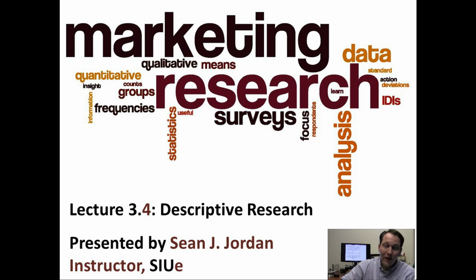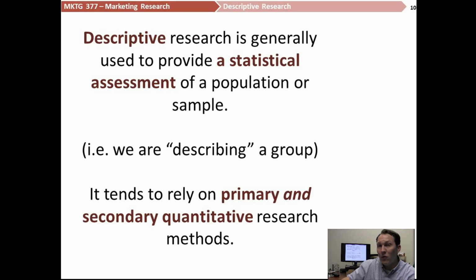So the best way to think about descriptive research is that it's about describing a group, often with statistics, means, standard deviations, modes, frequency counts, frequency percentages, things like that. And as a result, a lot of descriptive research tends to be quantitative, it's numbers oriented, and it also tends to be either primary or secondary.